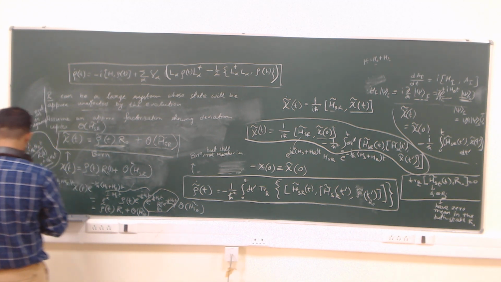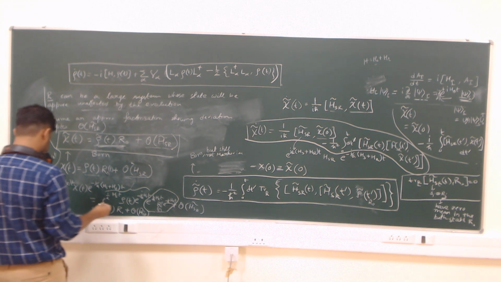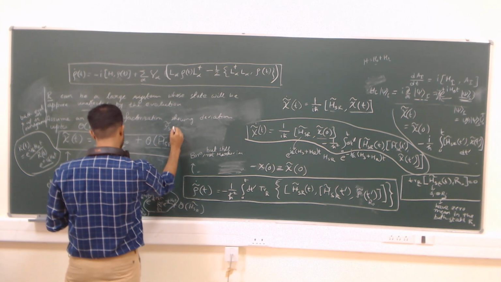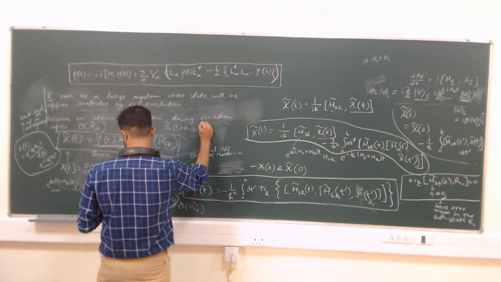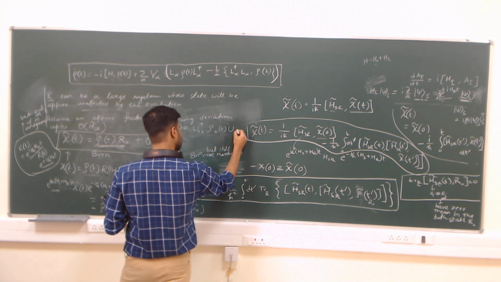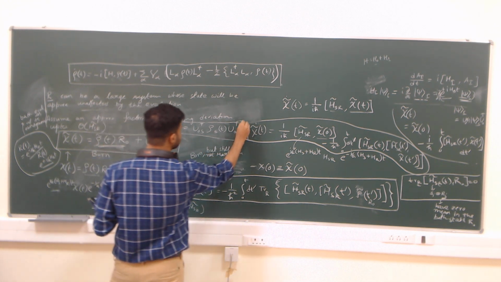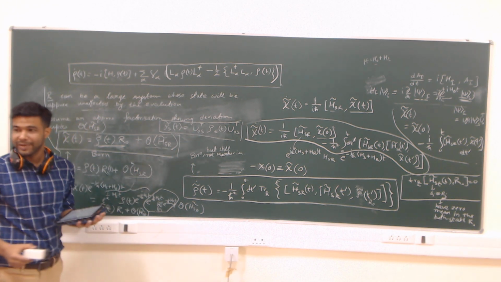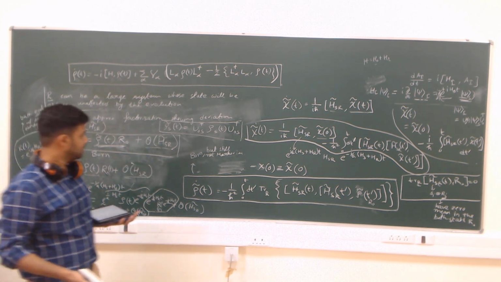So what I can write is that rho tilde t is just the interaction picture of this as a density matrix of a part. So if you use that, then this is e to the power minus i H_S t into rho 0 into e to the power i H_S t.